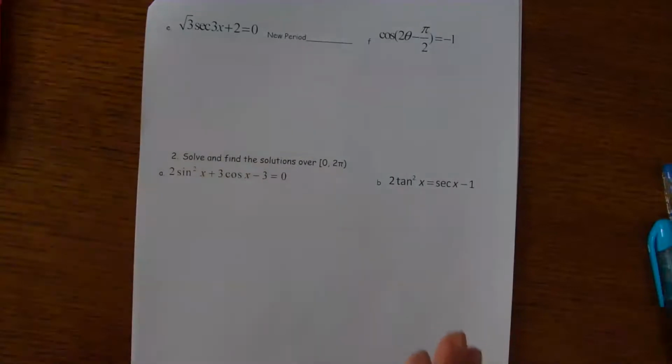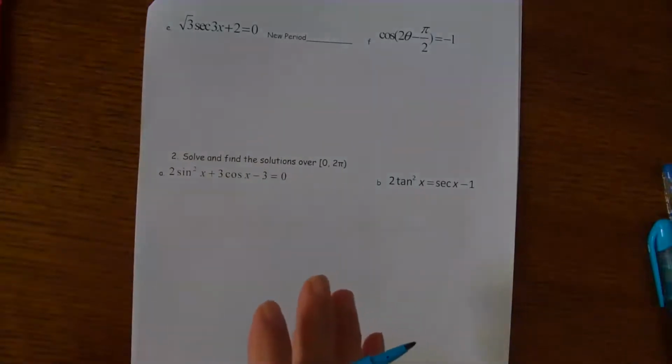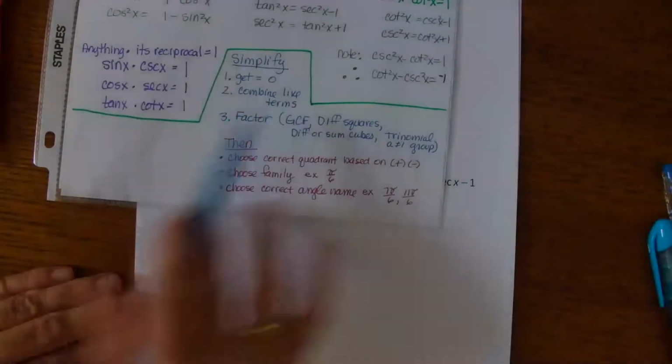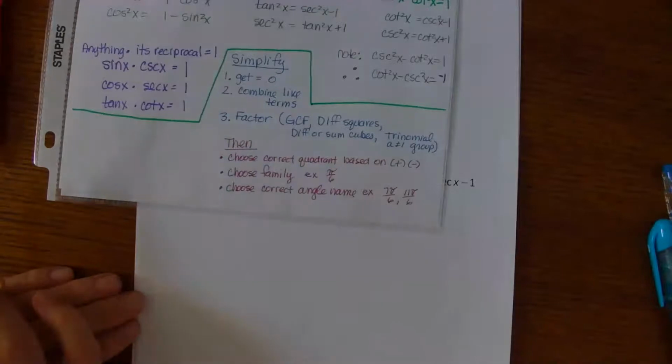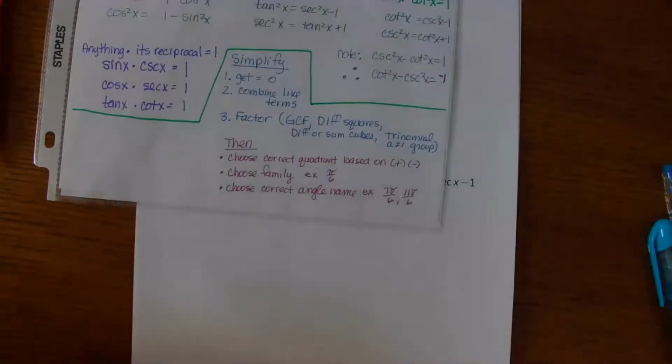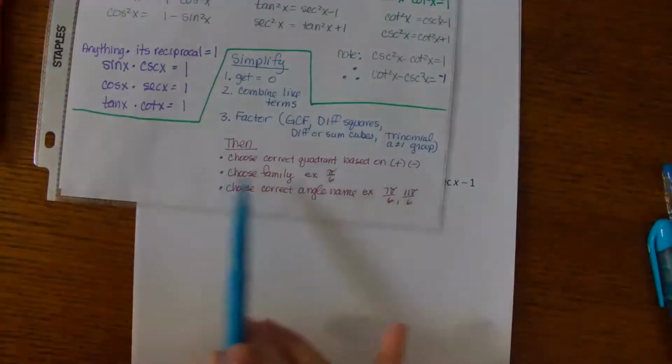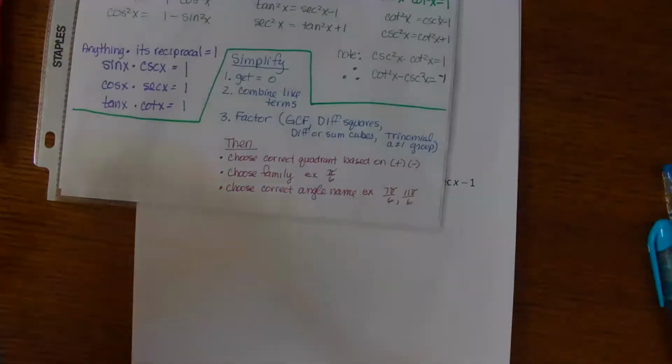Well, remember yesterday we made a cheat sheet. We added to it, right? And we said what we're going to do is get it equal to 0, combine like terms, then we factor. Right? We simplify just like we did in algebra. It's just there's words in it. And then we choose our quadrant, choose our family, choose the correct angle.